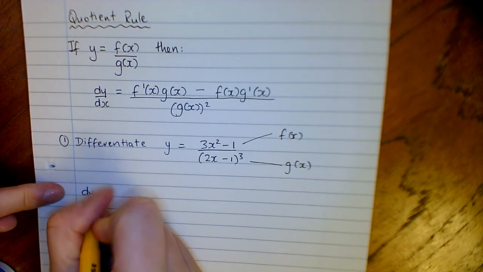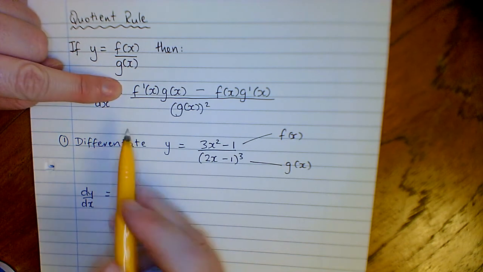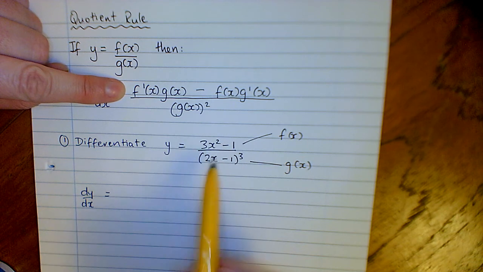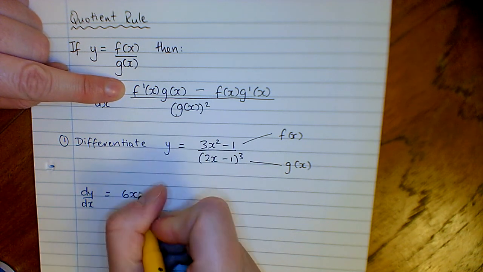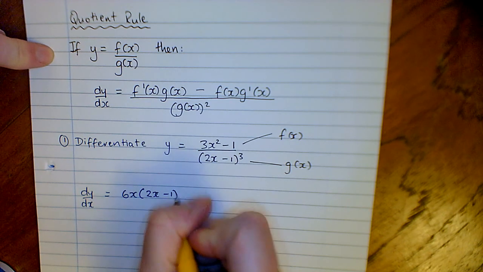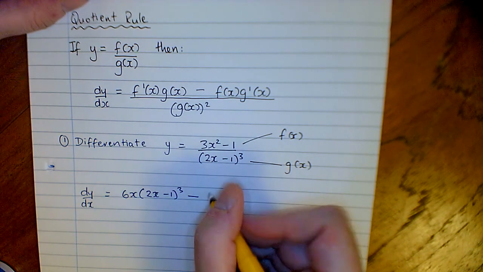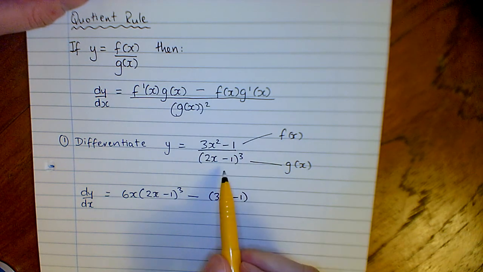So dy by dx equals the differential then of f of x. So we're going to differentiate the top line and we get 6x times just the bottom line then, g of x, 2x minus 1 cubed, minus, now this time it's f of x, so that's 3x squared minus 1 times the differential of the bottom line.